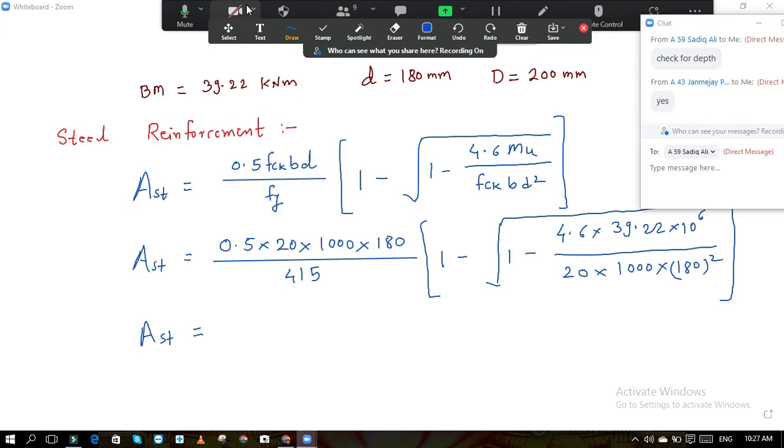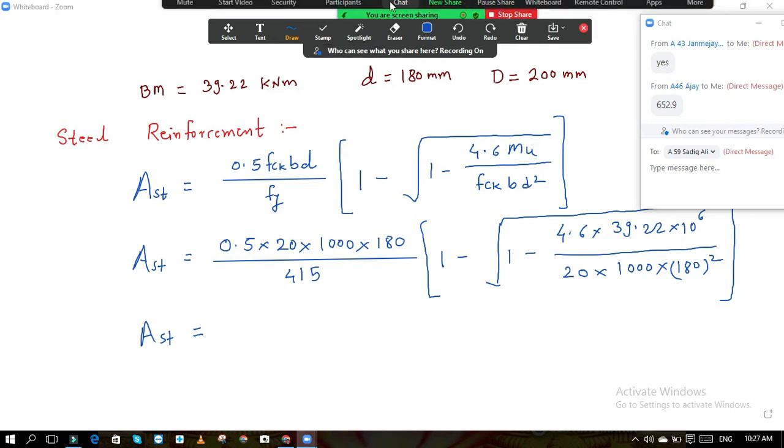Solve this equation for the area of steel. Let me know the answer. 652.9.